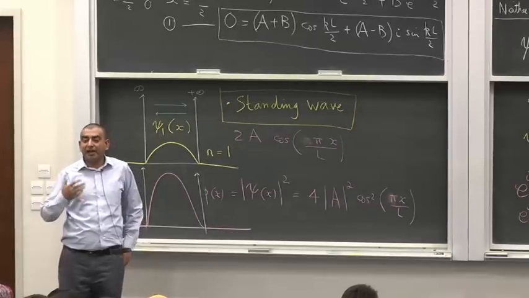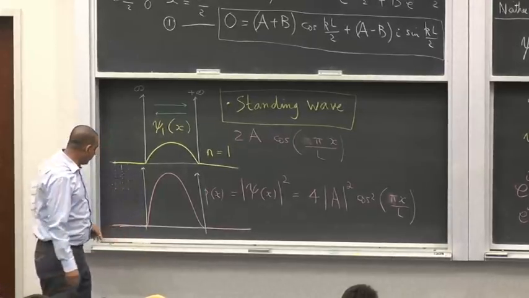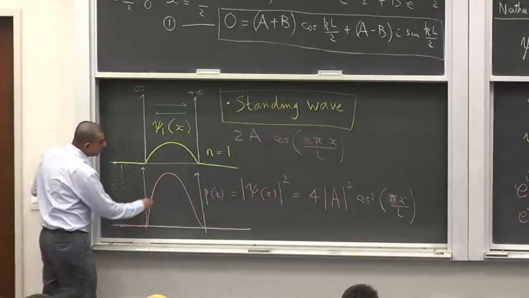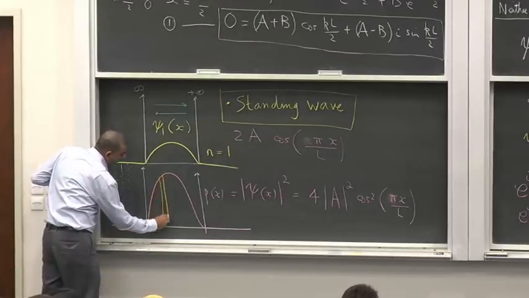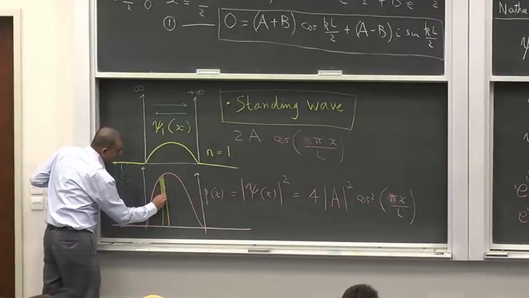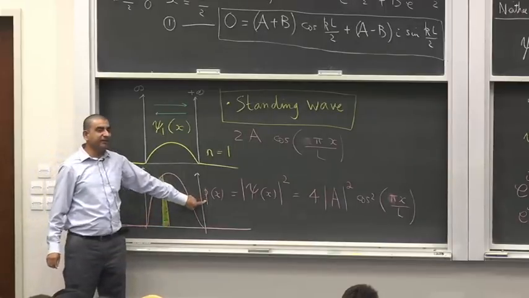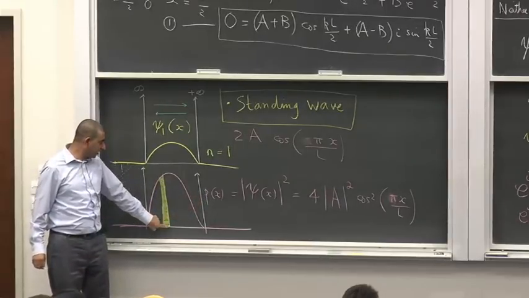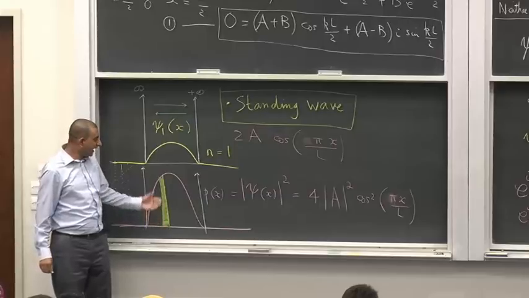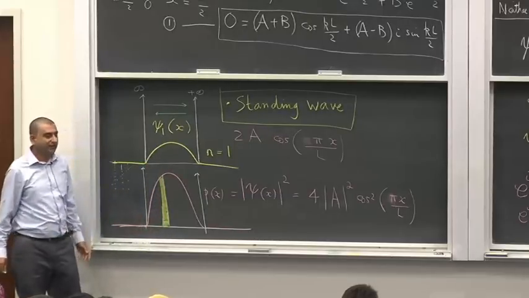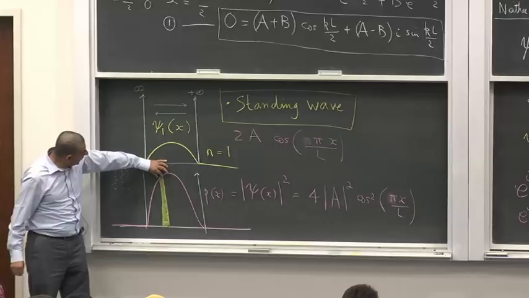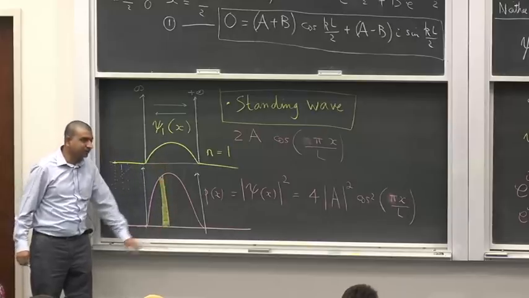So now one would assume that some regions of space are more special than others. And this is very unusual. Because what's happening here is that if I were to locate the particle in this region, I will take this probability density and integrate from this point to this point. And I will get an area under the curve. That will give me the probability of locating the particle inside this region.